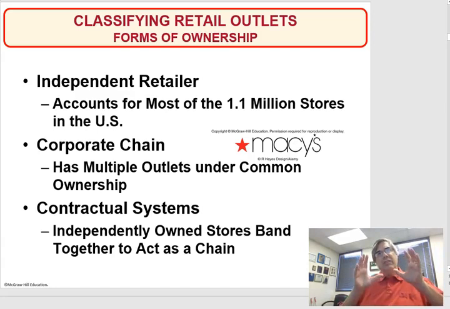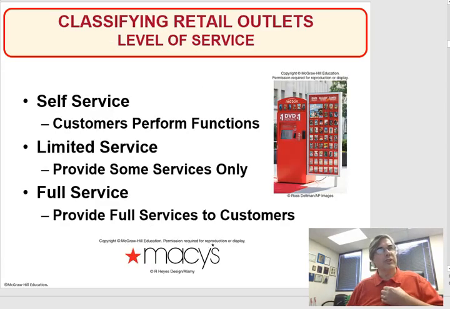And so we've got the idea of form of ownership, whether it's an independent retailer or a corporate chain, or this blend, this contractual system, is one way of looking at how we do classification in terms of form of ownership.